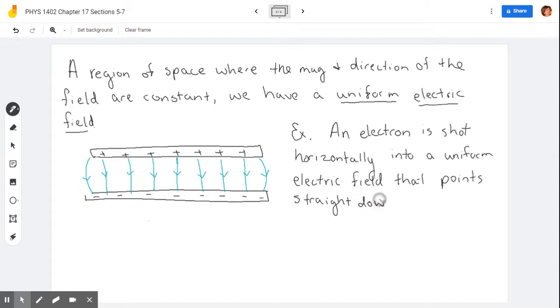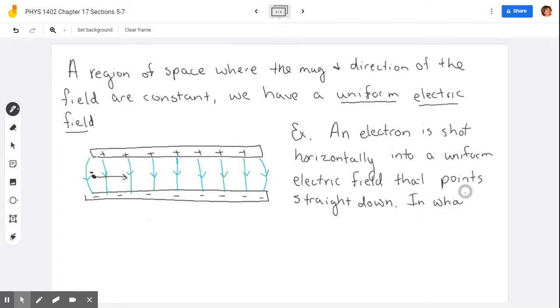Well, that's exactly what I just drew. I drew in a uniform electric field that points straight down. Suppose we have a little electron and it gets shot in here. It's going like this. And we know it's got a negative charge. We shoot that little electron in there horizontally.